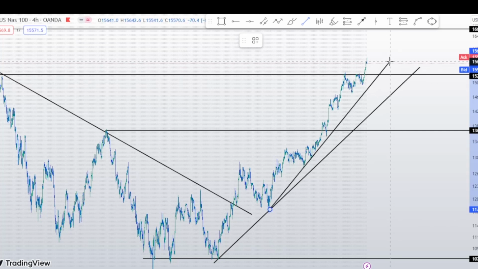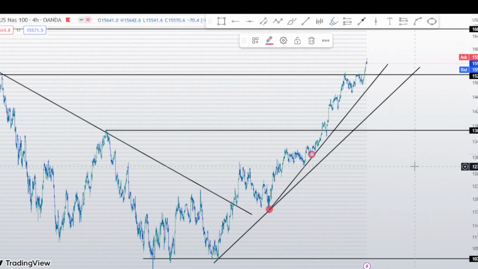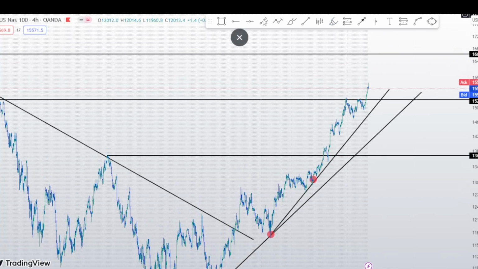Yes, this is my trend line. I can take this one. What makes the trend line valid? One, you need two touches, one, two, and I can conclude that here. When the market comes to this level, this resistance, it resisted, came down, up again, and until it broke.